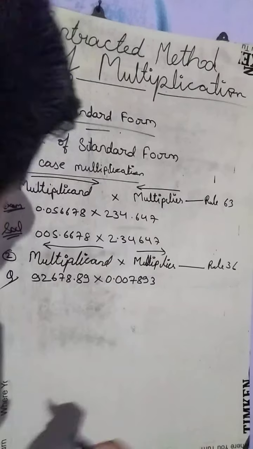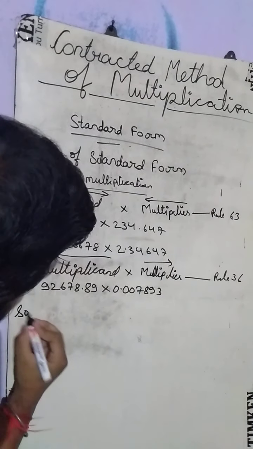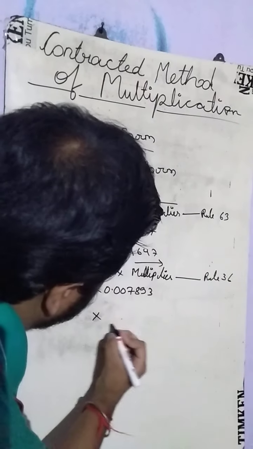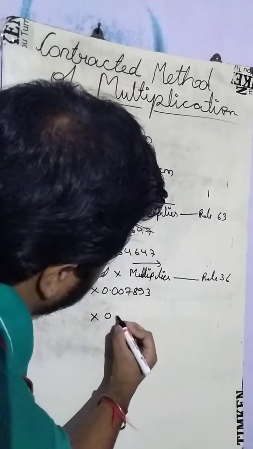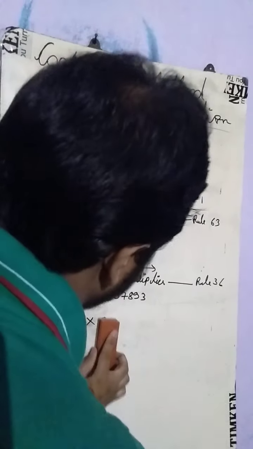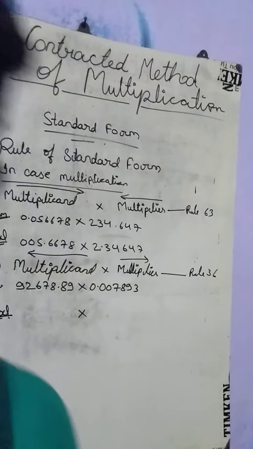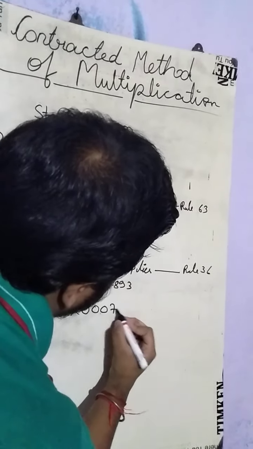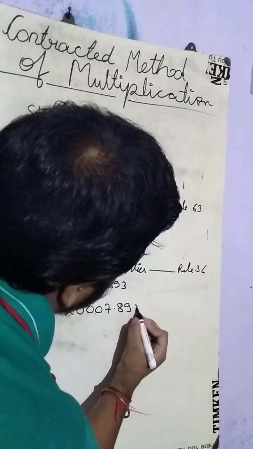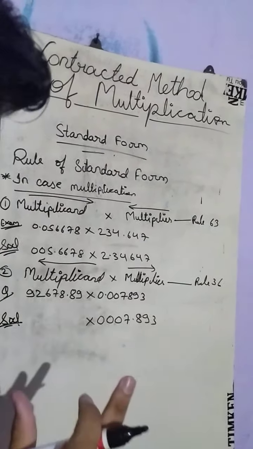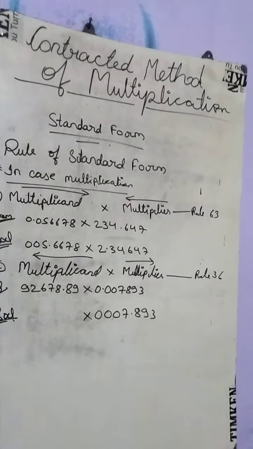See friend, point 7.893. In this case we have to consider only one number before the decimal point.